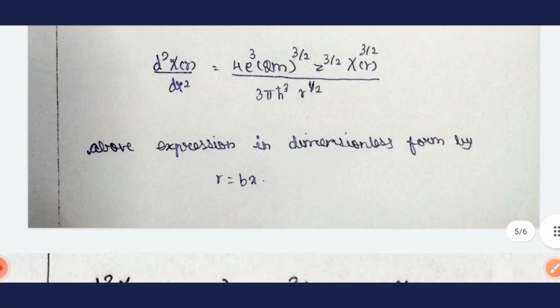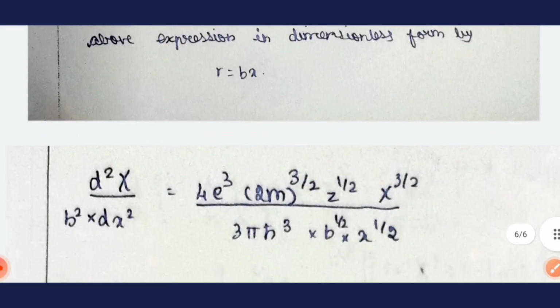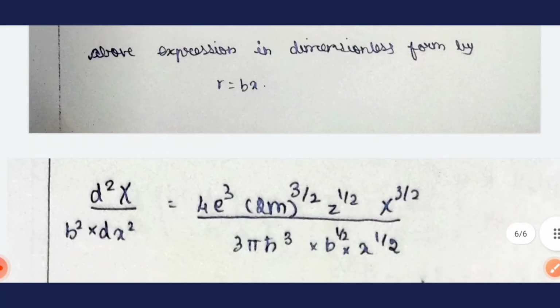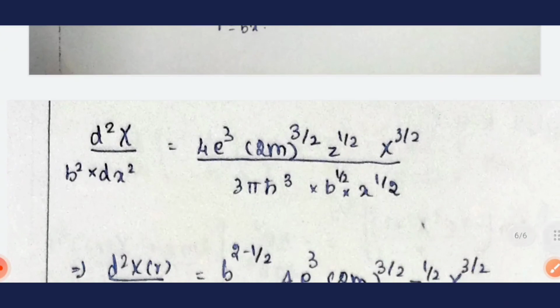Now we can express this above equation in a dimensionless form by substituting the value for r as bx, where b is a constant. I'm going to substitute. The equation will become d square chi of r divided by b square into dx square. In the right hand side, in the denominator, if we substitute for r, it will become b power 1 by 2 and x power 1 by 2.